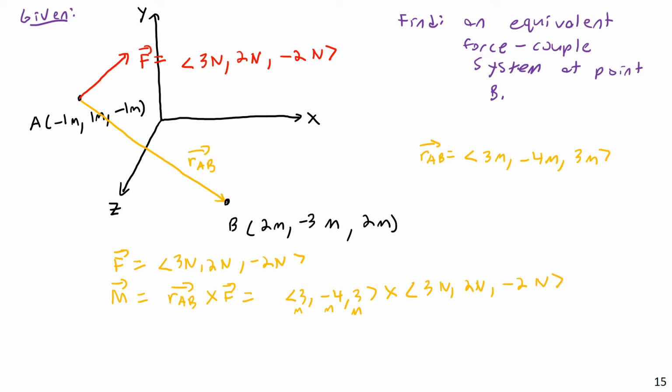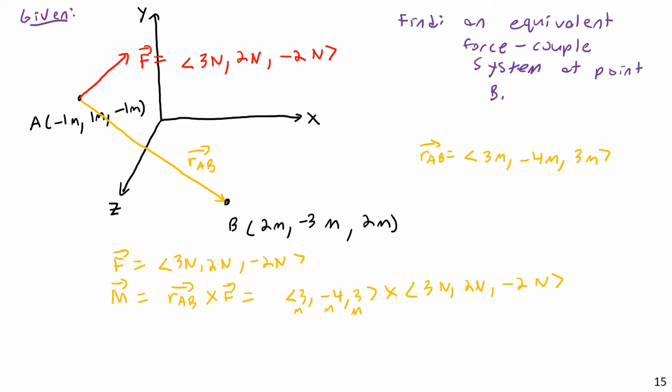So 3, negative 4, 3, and then 3, 2, negative 2. Enter that vector, and I'm just going to throw this in my little 89 here. Second, math, matrix, vector ops, and my cross product.